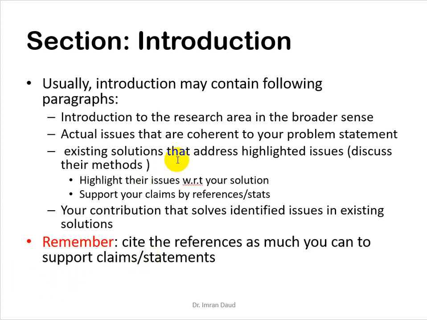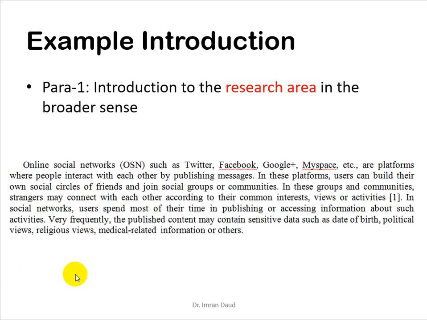Okay, we'll discuss all of these paragraphs with the help of some examples. The first one, paragraph one, for example, is how you can write about the introduction to the research area in the broader sense. That was part one. In this particular part, we're now talking about the paragraphs. The first paragraph must be about your research area.